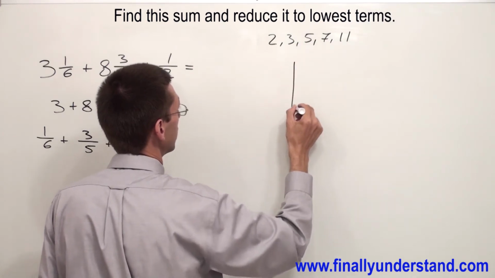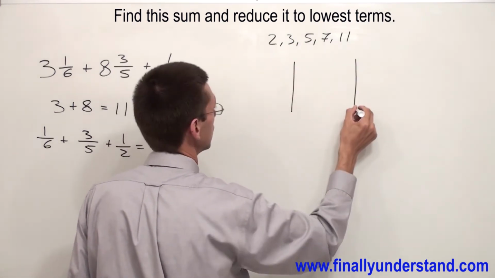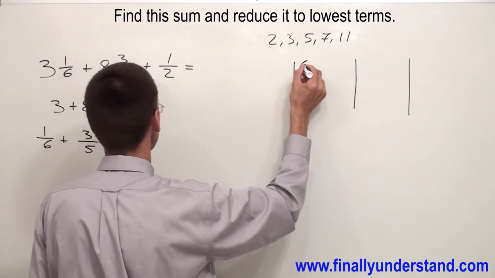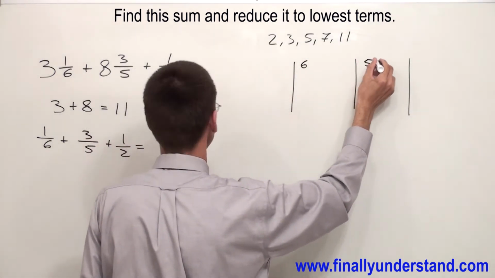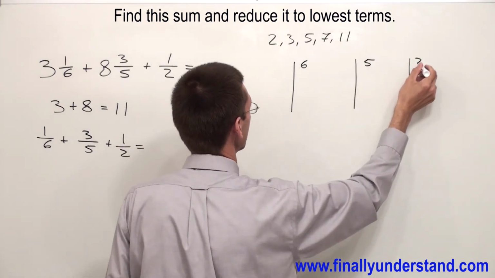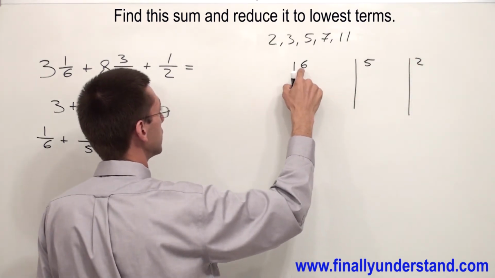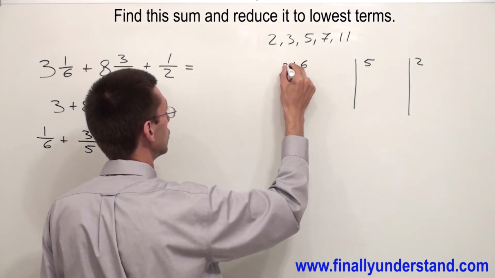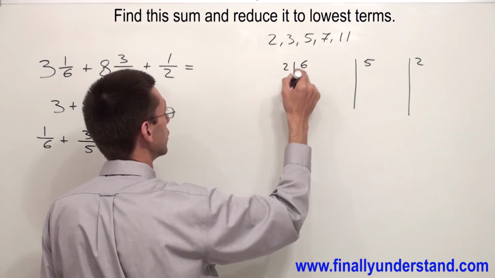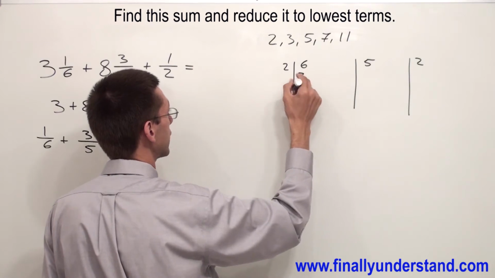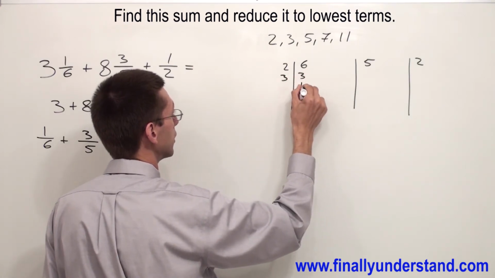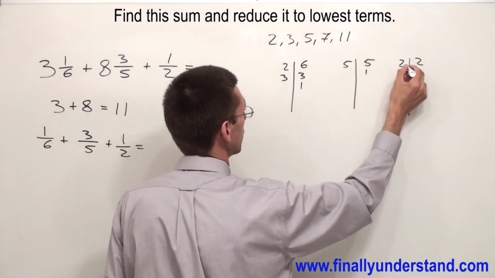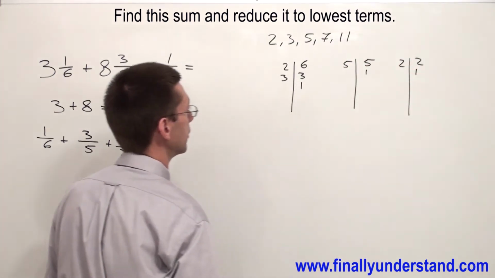And I have 3 denominators. Okay, I have 3 lines, and I have 6, 5, 2. Divide 6 by the prime numbers. 6 is divisible by 2. 6 divided by 2 is 3. 3 I can divide by 3, which is equal 1. 5 is divisible by 5, and 2 is divisible by 2. I have 1 over here.